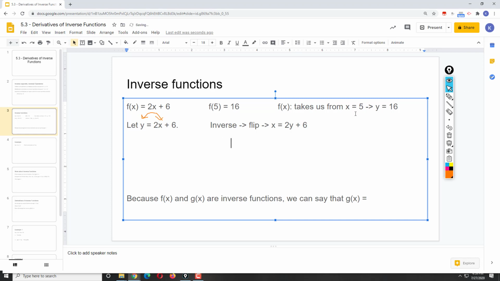Let's solve for y. I'm going to subtract 6 from each side. So I get x minus 6 equals 2y. Then I'm going to divide by 2, or I can multiply by 0.5, same thing. So I get 1/2 of x minus 6 equals y.